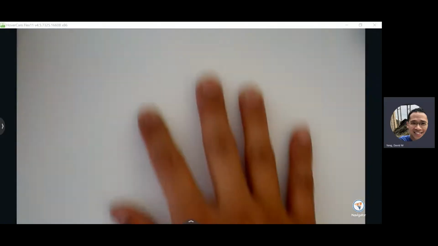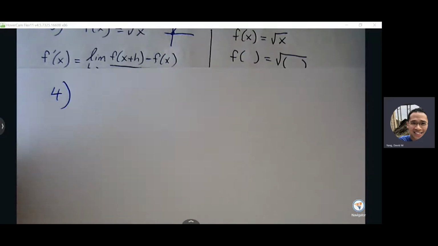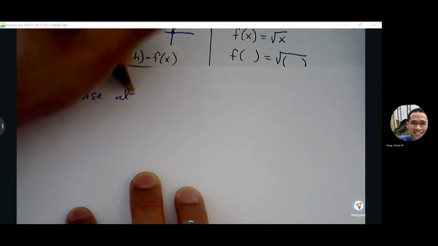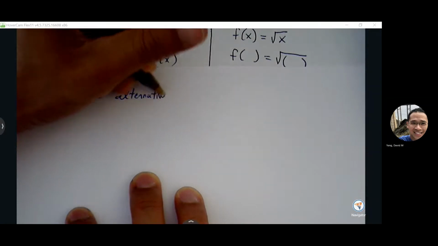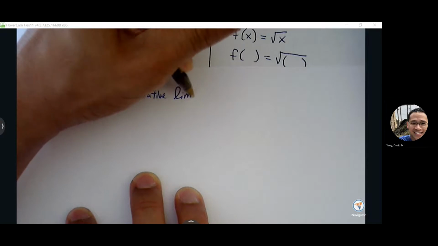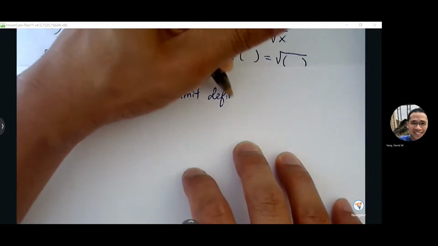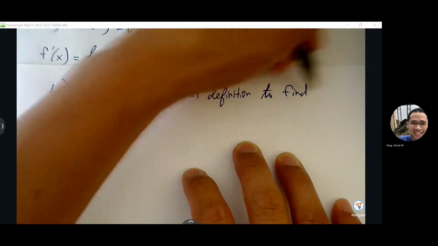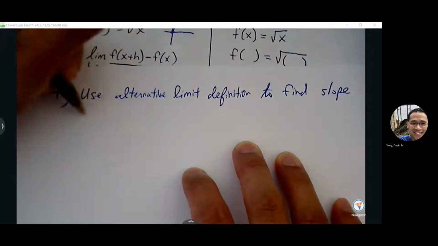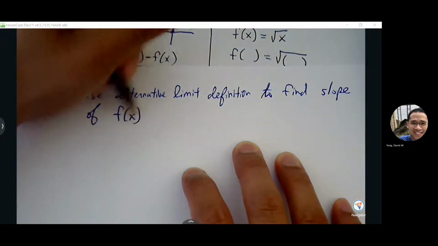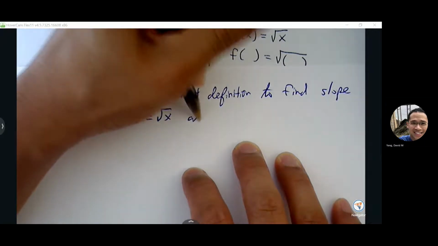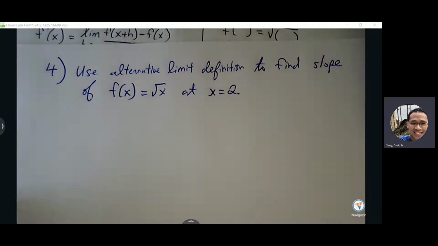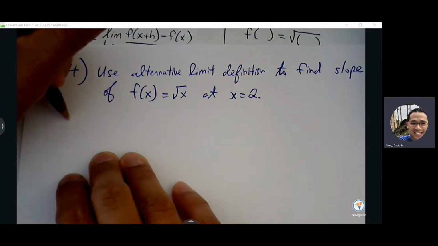Okay, so number 4 says use the alternative definition to find the slope. So let me write out the limit definition here.